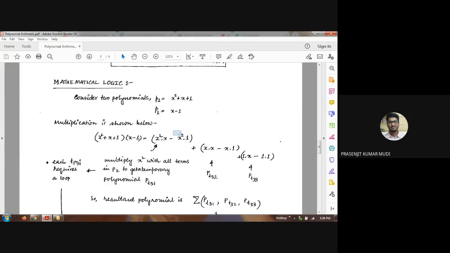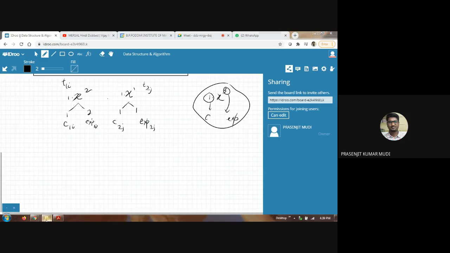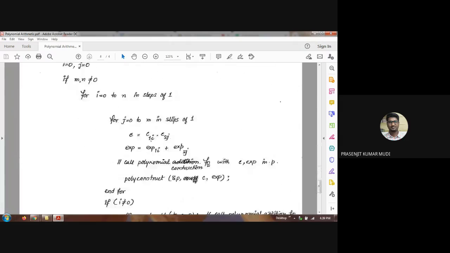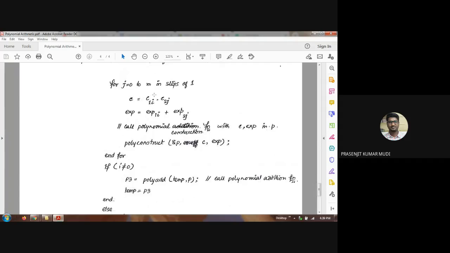Next you have to compute this, right? So in the first inner for loop execution, you have computed x square into x. Then what you are doing, you are calling the polynomial construction algorithm function with C and exp in P. That is the P. So polyconstruct is the name of that function which is doing this job.